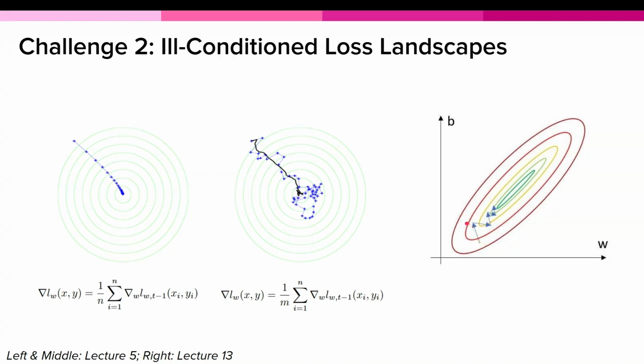But then we would end up at the other side of this valley, and when we get there, it would tell us to take another large step in this direction, and it would cause this zigzagging on our way from a region of high loss towards a region of low loss. And so this can make learning inefficient because we're not making smooth progress towards the region of low loss. We're spending a lot of our time zigzagging back and forth across this valley in the loss surface landscape.